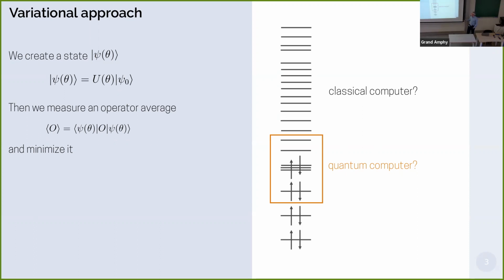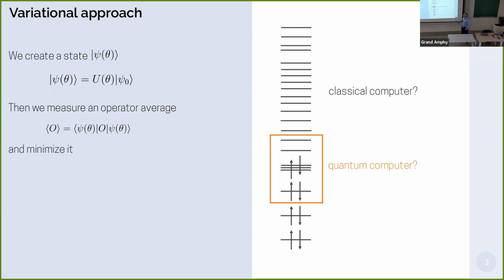If we do this for a molecule, one thing to note is that we first have to make an initial calculation, get a good starting point for an initial set of orbitals, and then choose a set of orbitals that we map to the quantum computer. This can be a rather small set, 50, 60 orbitals maybe, that we map to the quantum computer.